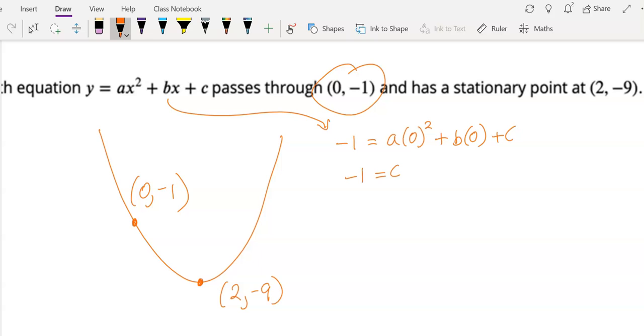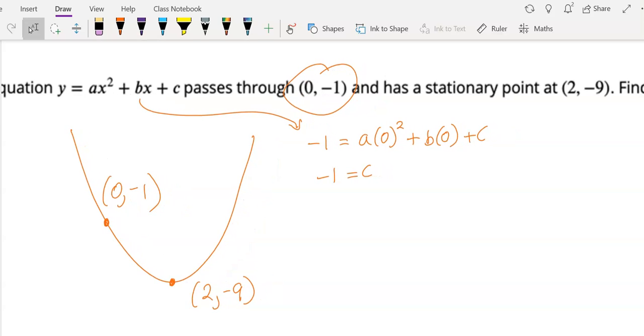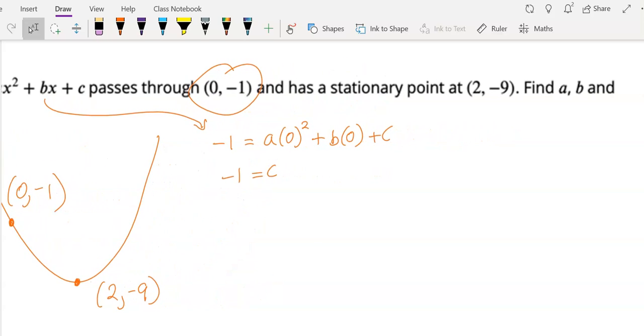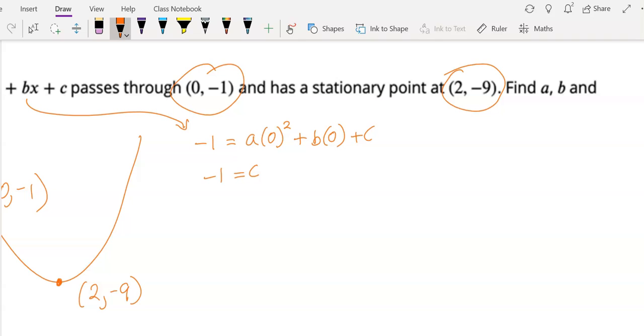Well, that's good. Now the other one that we need to look at is the stationary point. And of course, because 2, -9 is again on the graph, I can write down another equation. When x is 2, y is -9. Hence, I can write down A times 2 squared, plus b times 2 plus c. Of course, I found c now, which is -1.